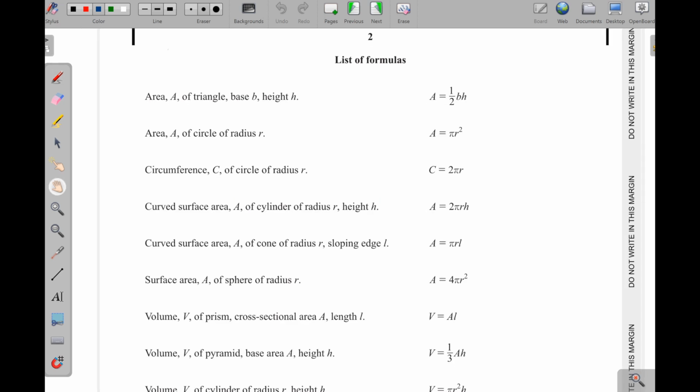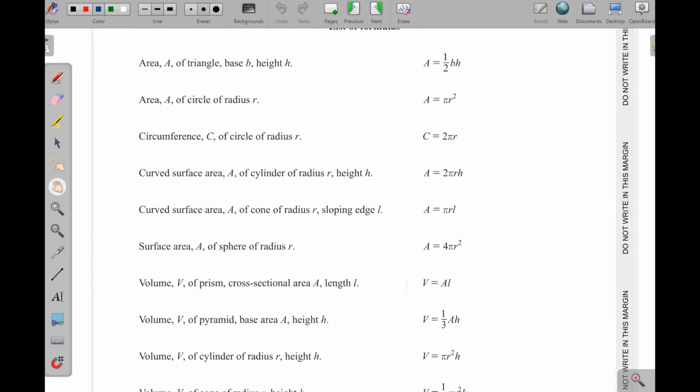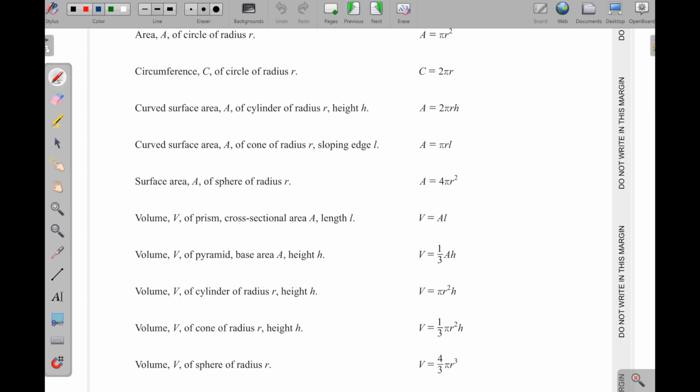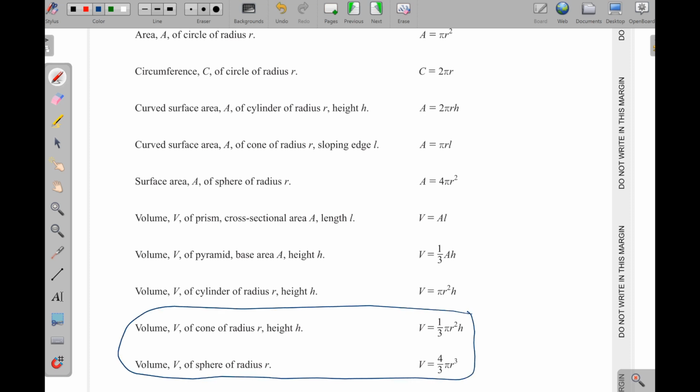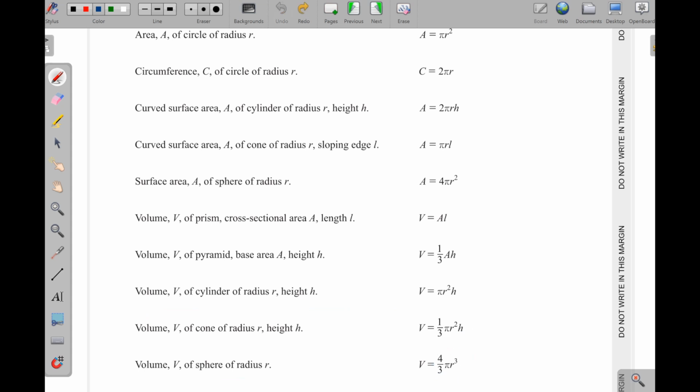So when you come to page 2, we can go down here. So volume of the cone is a third volume of the cylinder, not so? As a third pi r squared h, and then this is 4 over 3 pi r cubed.